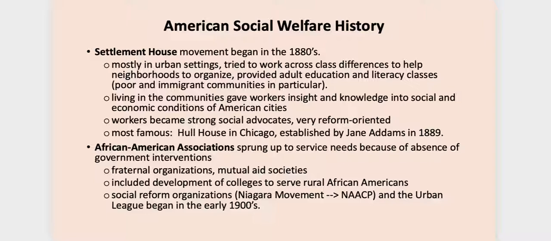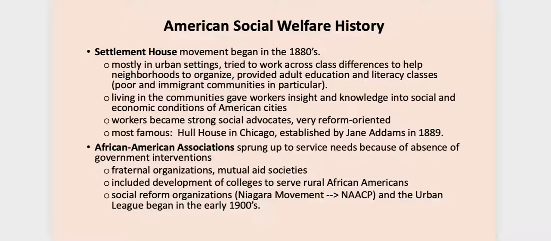The settlement houses were established mostly in urban settings, and they tried to work across class differences. So again, you had middle and upper income, largely women, moving into communities to assist those who were poor or marginally employed.